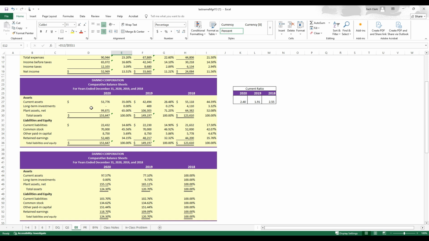Looks like we purchased something in 2019 that rose up to get a higher number there. And then liabilities wise, we're dropping down on liabilities, so that's looking good. That's reflected in our current ratio as well, that our current assets are going up and our current liabilities have been going down. Common stock, so you can see we had an infusion of money in terms of common stock issuance in 2019 and maintained that.